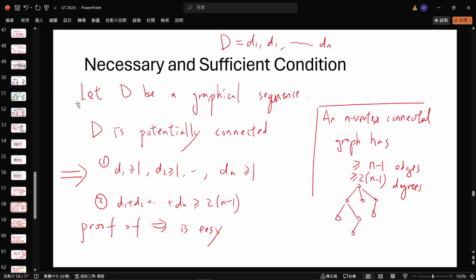Okay, I think this is a quite natural, sufficient and necessary condition. We discussed the proof last time, and today we're going to find an algorithm to construct a connected graph if the degree sequence satisfies these two constraints, okay?